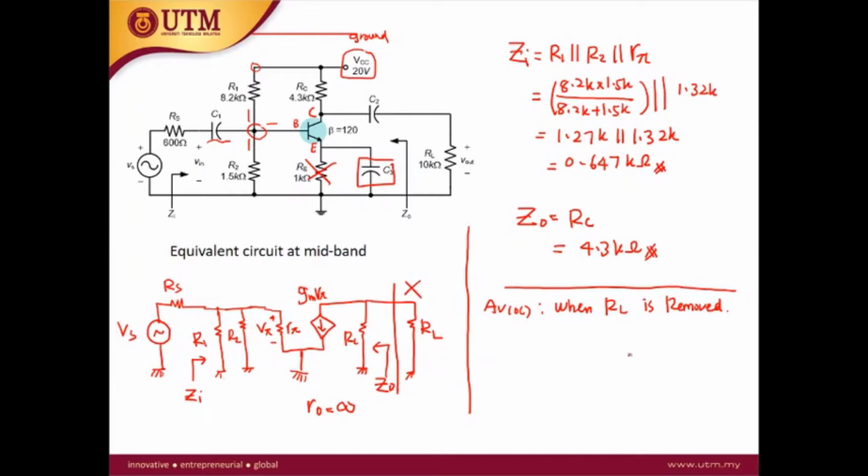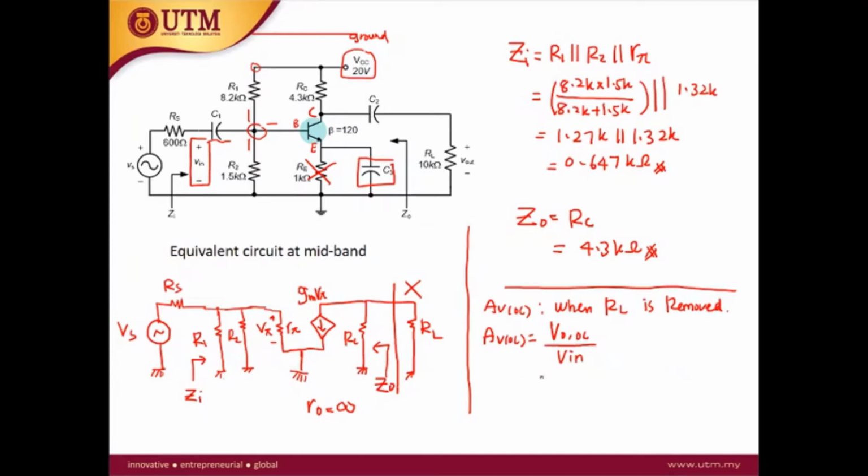When we remove the RL, the Av OC is defined as Vout OC, the reading of the output voltage at the output port when there is no RL, over Vi. What is Vi? In this diagram it is Vin, the voltage at the input port of the amplifier.